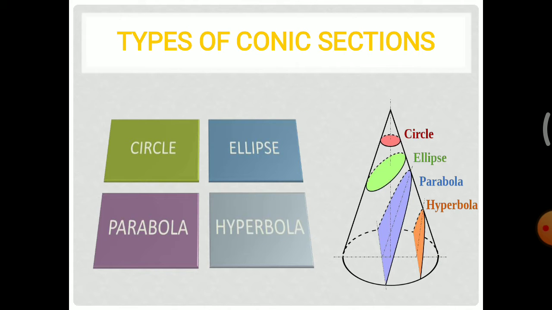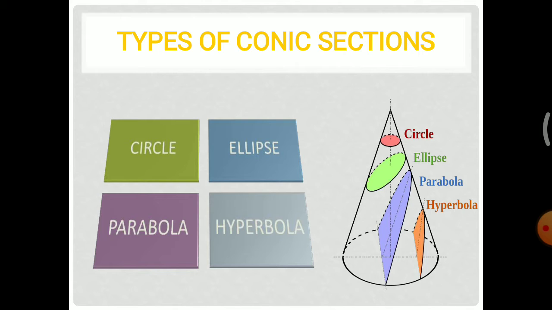So there are types of conic sections. The first one is the circle, then ellipse, parabola, and the last one is the hyperbola. Circle is defined by the top view of an object in a right circular cone, and ellipse is defined by some angle produced from the generators of the cone and axis.